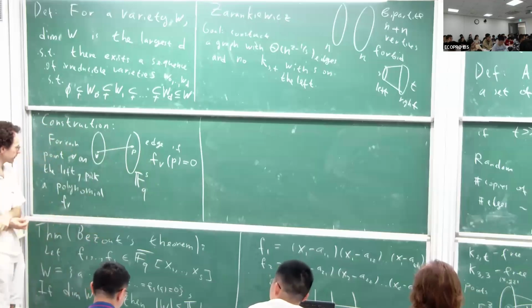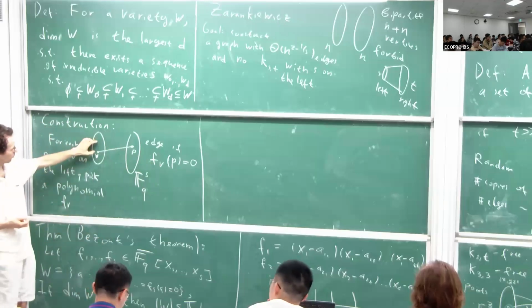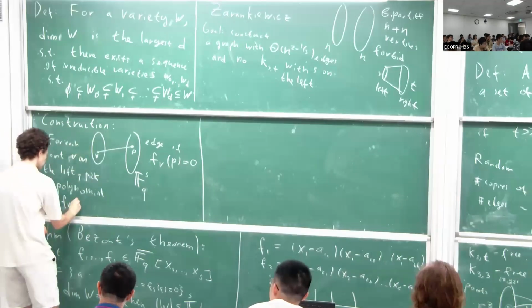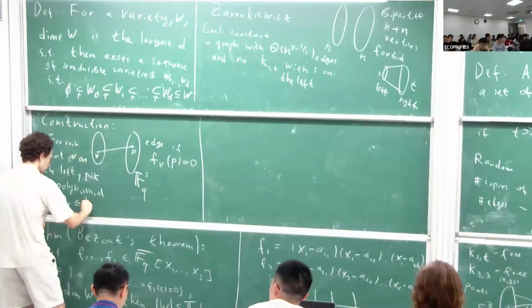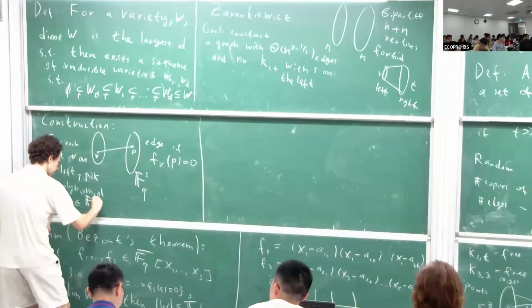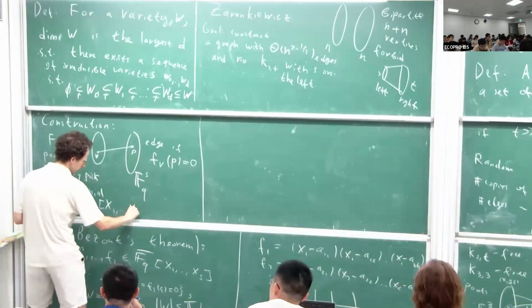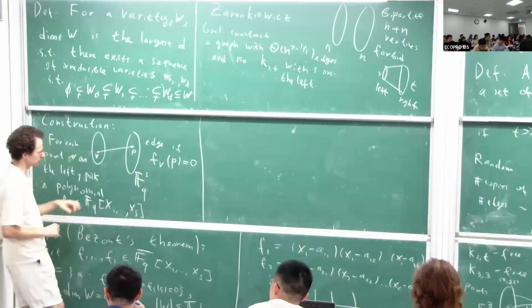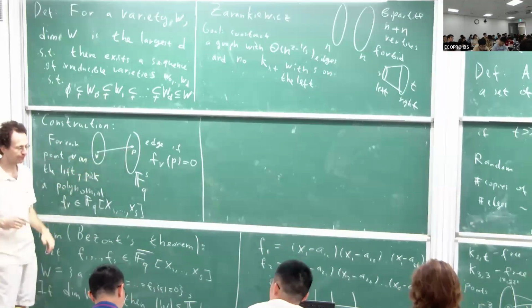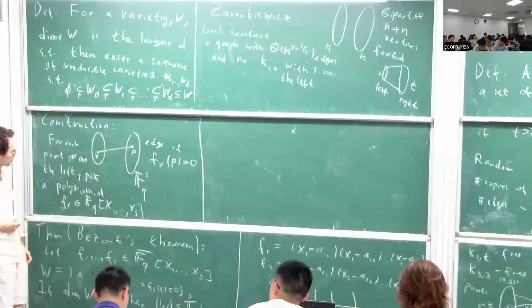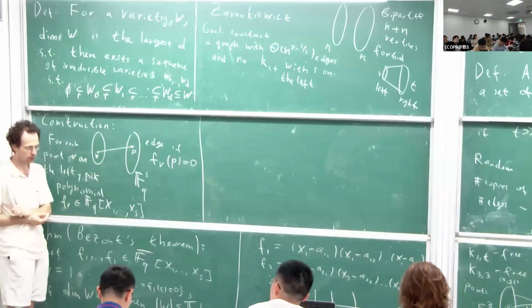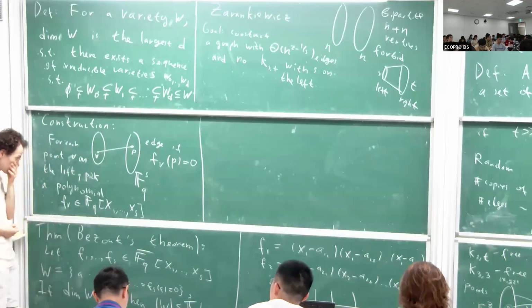The difference is that the polynomial varies from point to point on the left. I should probably say this is a polynomial in s variables, applied to the point.